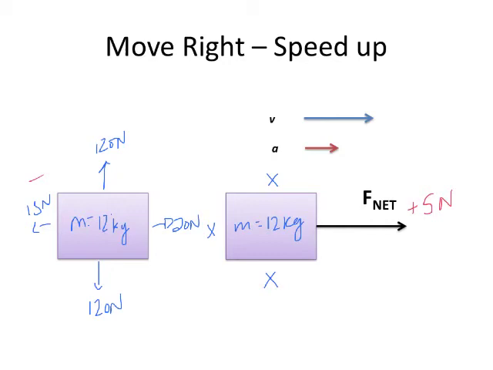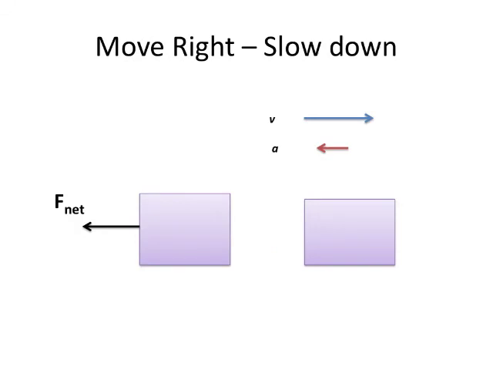Okay, so to see what that looks like for the other situation, we had 120 newtons down, 120 newtons up, 20 newtons to the right, and 25 newtons to the left.